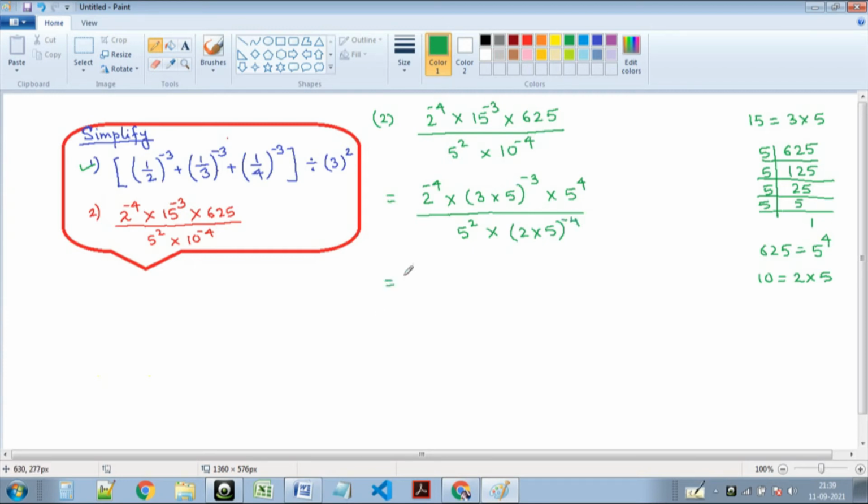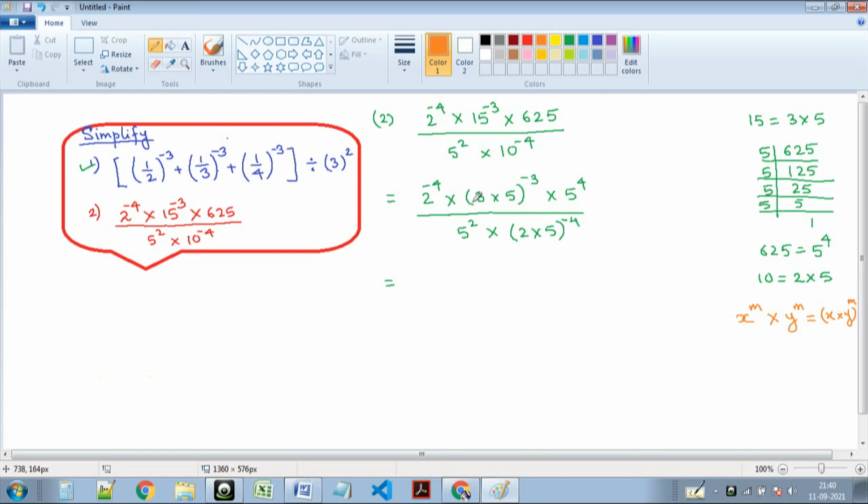Now, after this step, we know that one of the laws states that x to the power m cross y to the power m is equal to x cross y whole to the power m. This law we have to apply here.